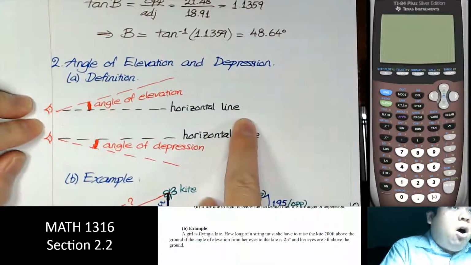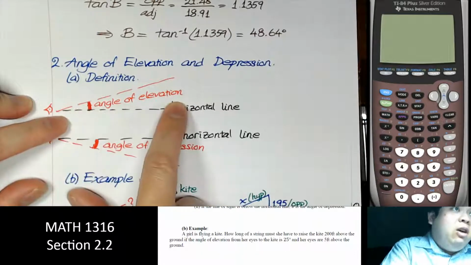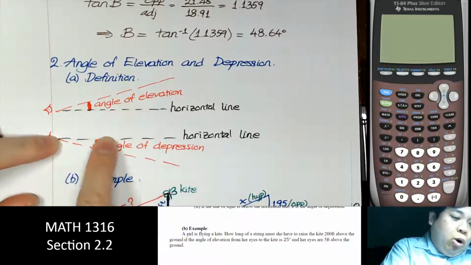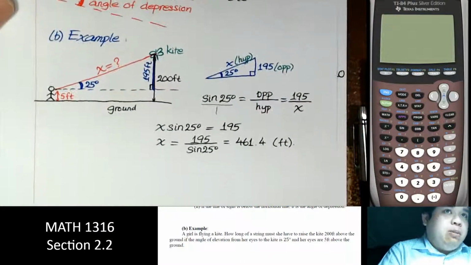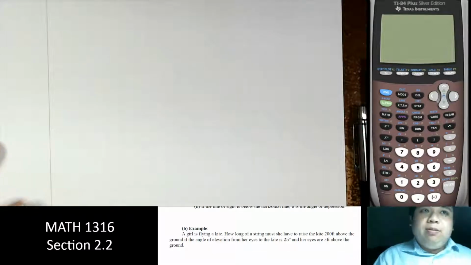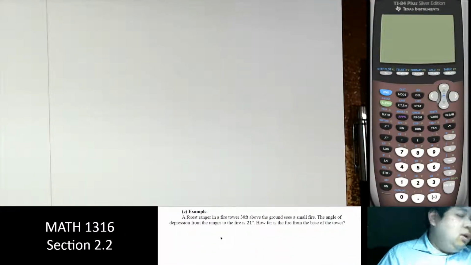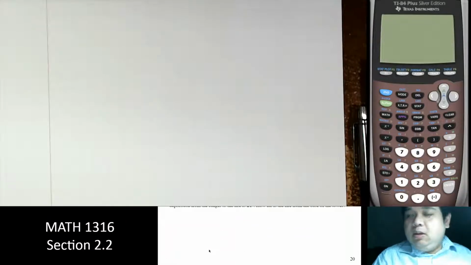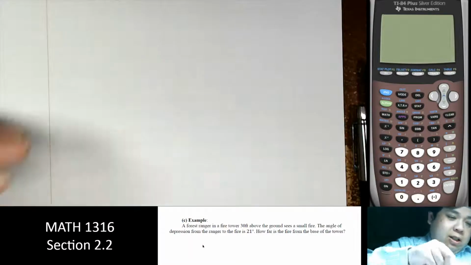With respect to the horizontal line, if we're looking up, that angle is the angle of elevation. And if we're looking down, that is the angle of depression. And we have that example from last time. Now we'll go to this.